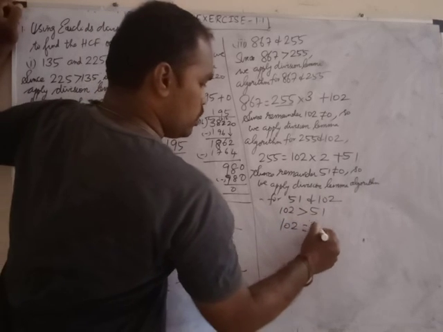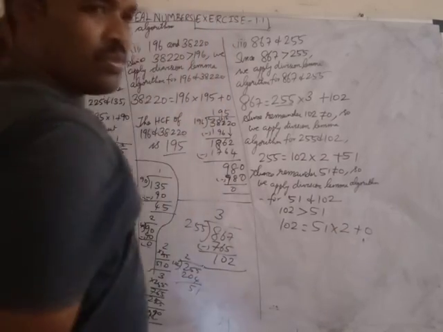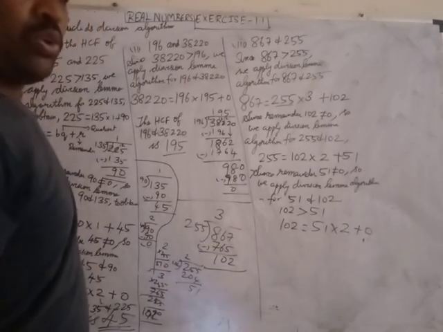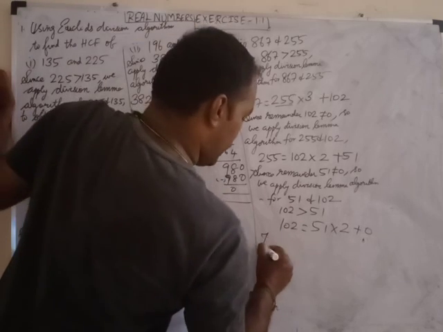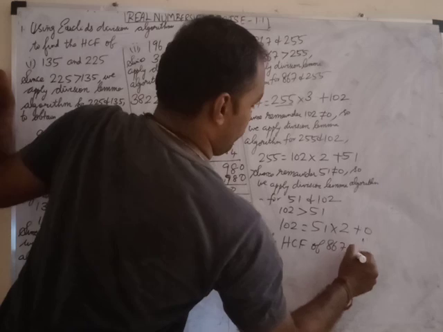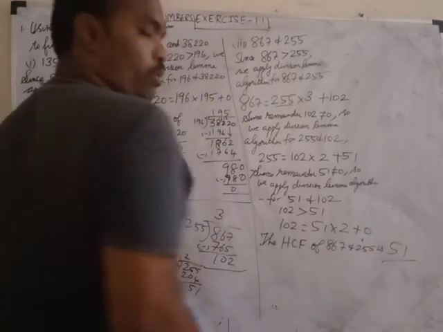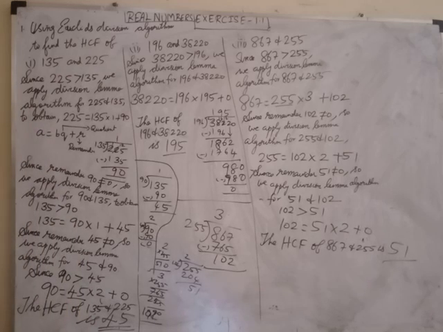So 102 equals 51 into 2 plus 0. Now the remainder comes as 0. So what is there? The HCF of 867 and 255 is what? 51. Correct? Have you got it? Yeah. That's all about this.